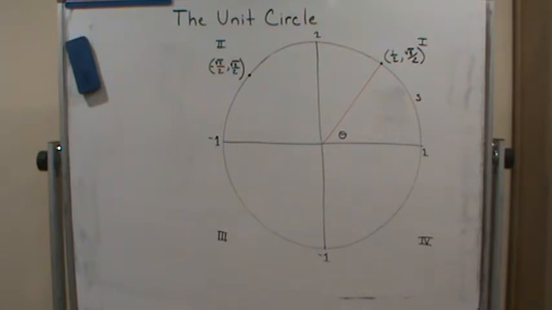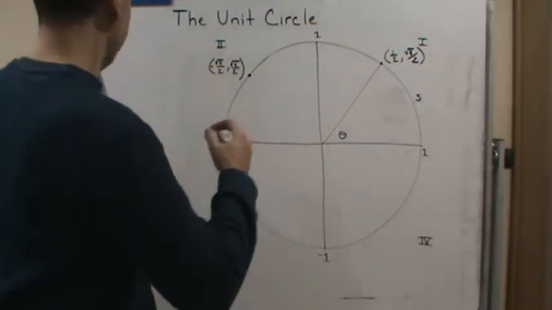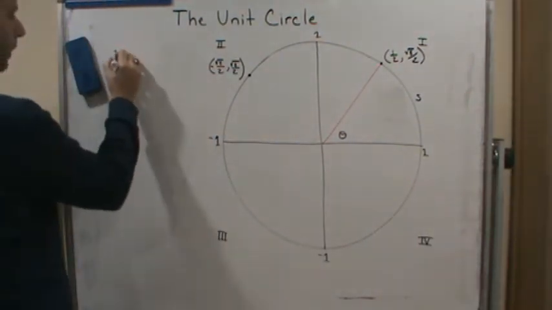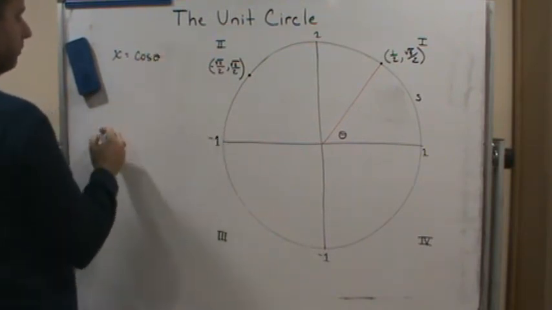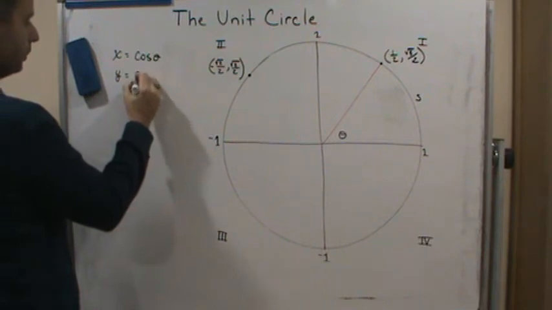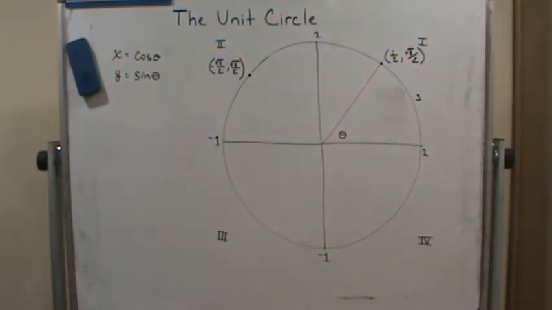Well, we have to understand that since we're dealing with a unit circle, x equals what? Cosine theta, and y equals sine theta. So that's what we have to remember.